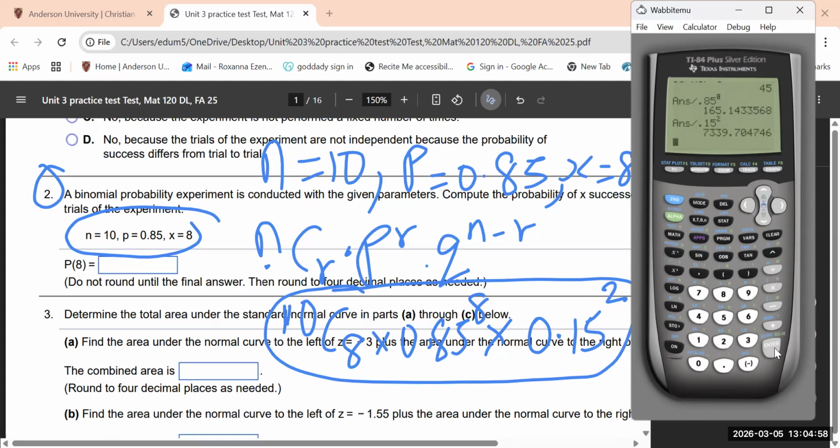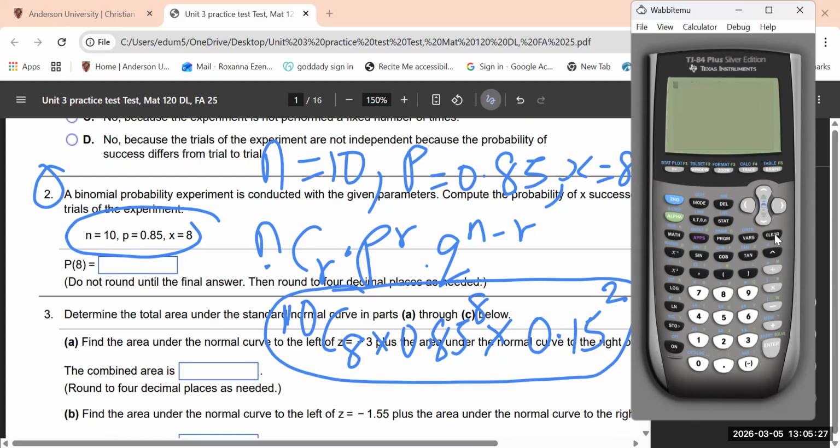And by the way, this is combination. So the answer is really large. So I want to do this by calculator and see, do I get a large answer like that? Because remember the binomial is a probability.